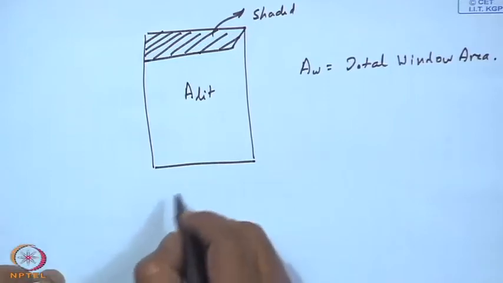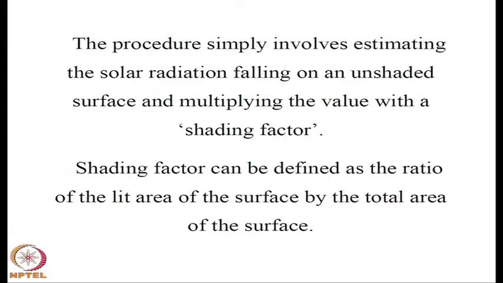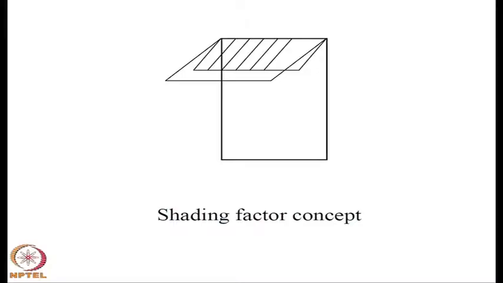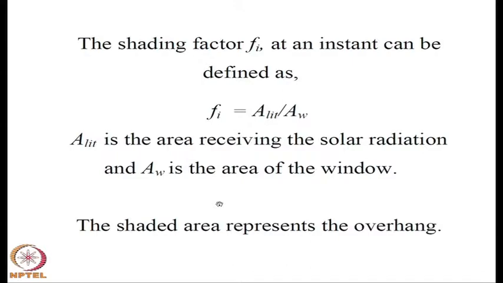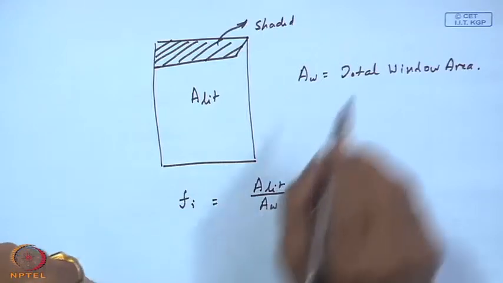So, we might define Fi, the instantaneous shading factor. This is what I tried to do in terms of the figure. That hatched portion represents the shadow and the non-hatched one is the actual projection. So, this will be equal to A lit by AW.